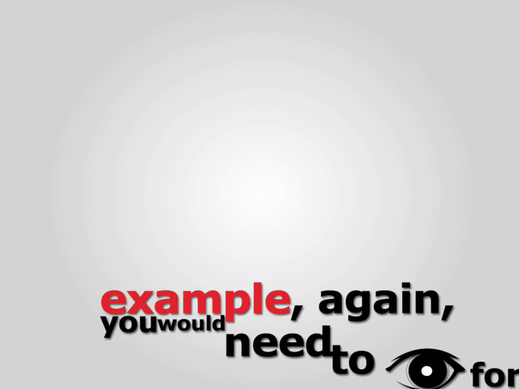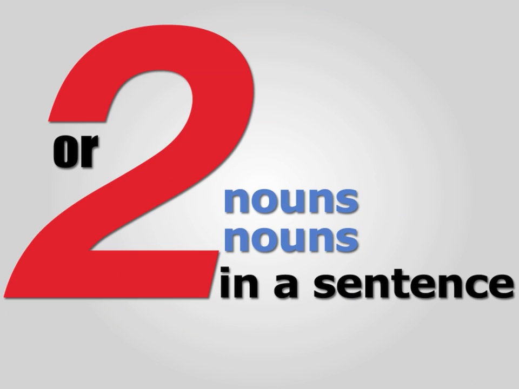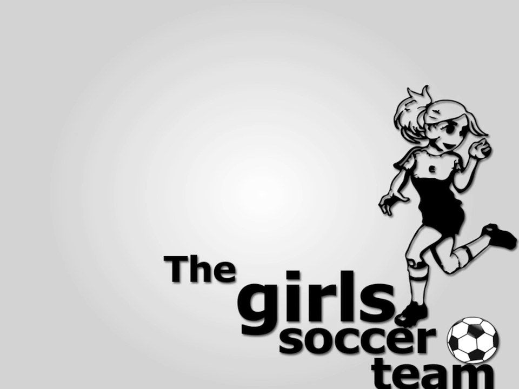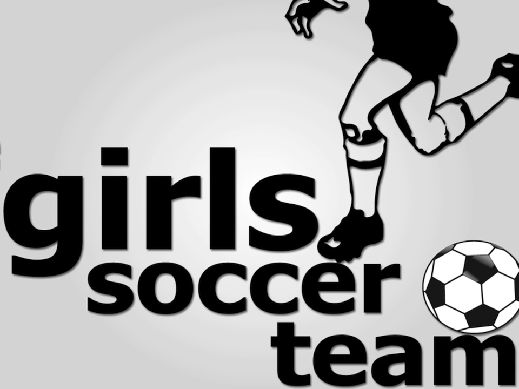In this next example, again you would need to look for possessive construction, or two nouns in a sentence. The girls' soccer team was the finest team at the college. Here you can see that girls and soccer team appear together in the sentence.